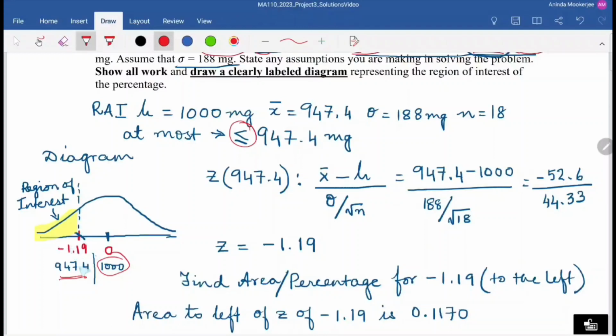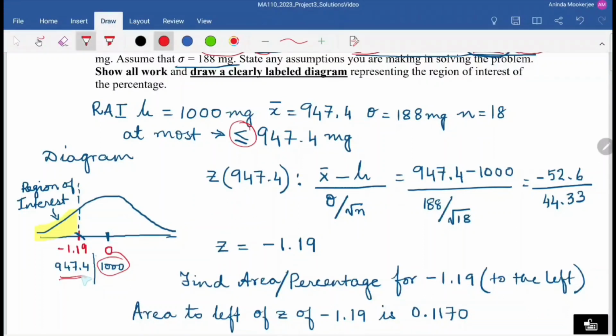We know it'll be located to the left because it's less than 1000, where the center point is. And because it's less than or equal to, our region of interest is the left-hand side. So draw your diagram. It'll help you to move forward.